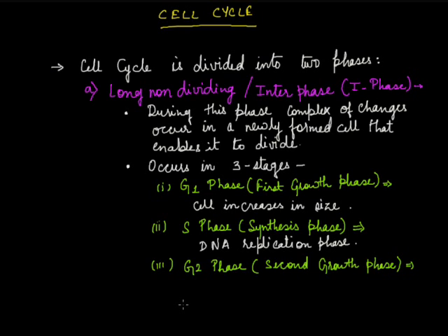If there is any error in the DNA replication process, then that error is repaired during the G2 phase. So we can say during the G2 phase, proteins and RNAs are synthesized which will help in the division process.